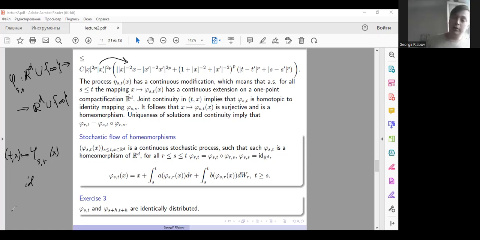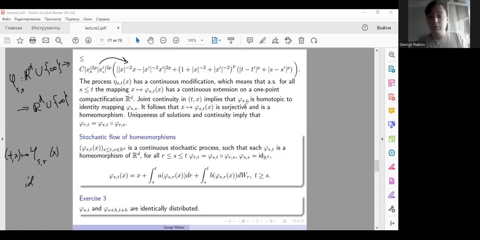So we can continuously deform the identity mapping of a sphere into the mapping phi st from the flow. There is a result from homotopy theory that mappings of the sphere that are homotopic to identity must be surjective mappings.